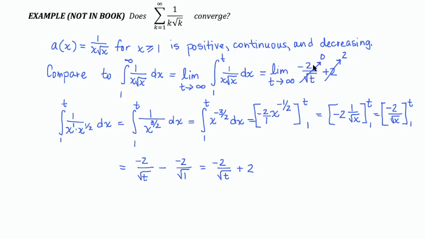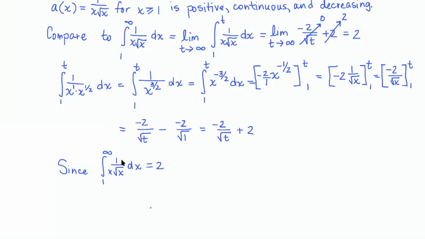And if you can reason that out, great. If not, you can go look at the graph. But what I've just shown is that the limit then for this improper integral is 2. So since the improper integral is equal to a finite number, the series that we are comparing it with will converge. And again, that's based on the integral test. The series behaves the same way the improper integral does.